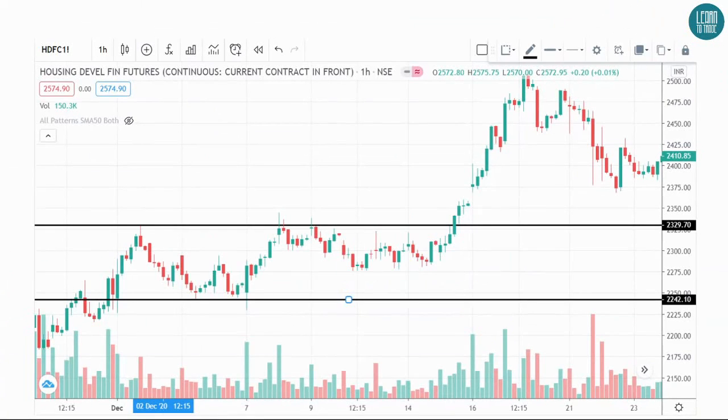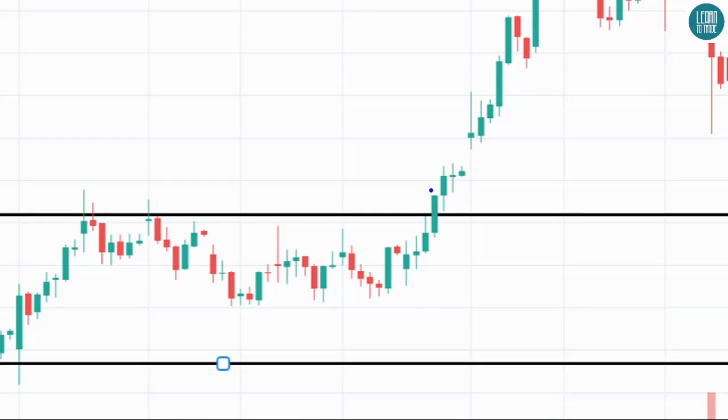So at this point when price is moving towards upside, as I mentioned, the volumes are also gradually increasing. Very important is we need to look at the candle of the breakout. At the point of breakout, what is the candle? So closely monitor. This is the breakout candle which is getting developed.